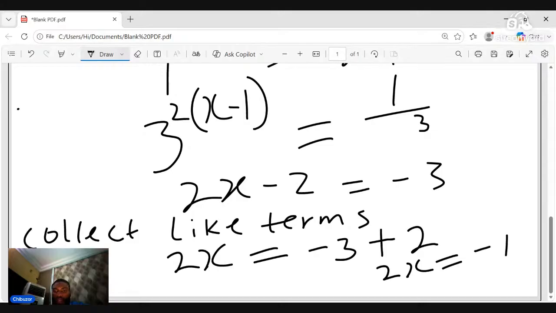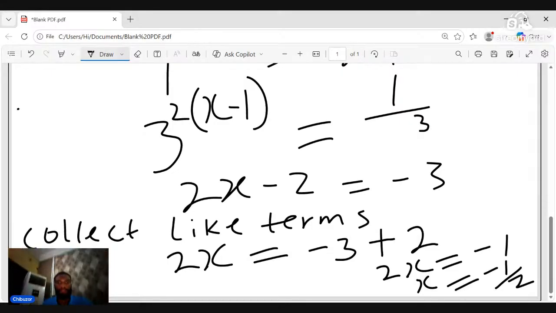So we are now left with x is equal to minus 1 over 2. Is that clear? All right.